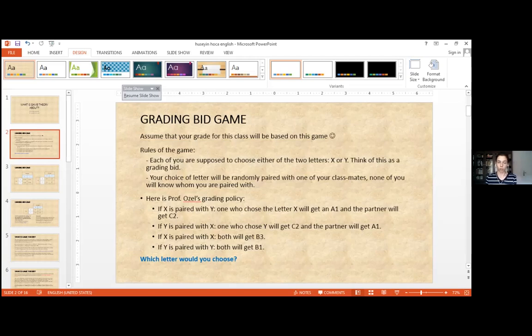You can talk or you can write in the chat box. No one is willing to say anything. I guess so, right? Why is that? Okay, I would choose X, for example.